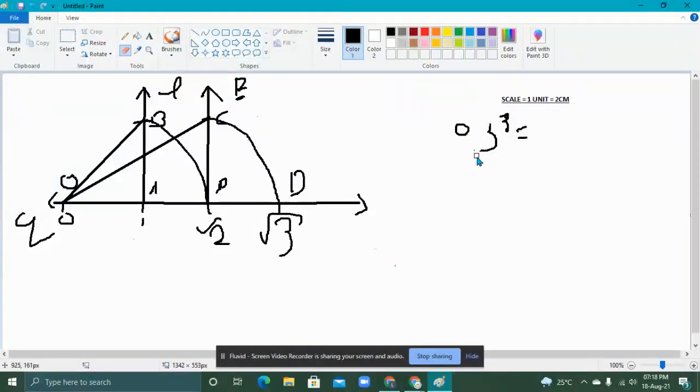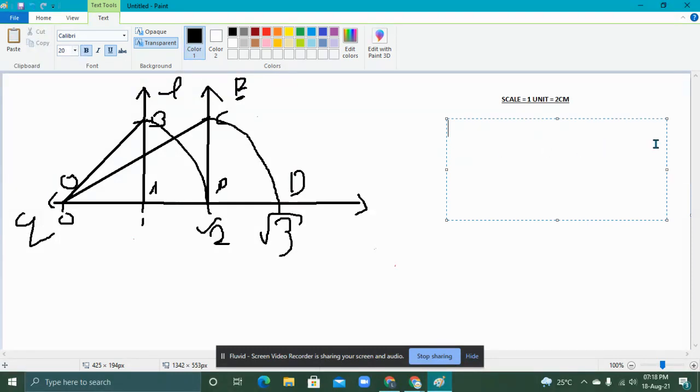OC. Let's rub this. OC square equals to OP square plus PC square only.